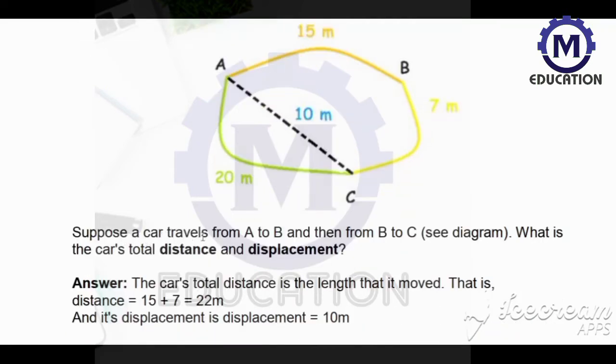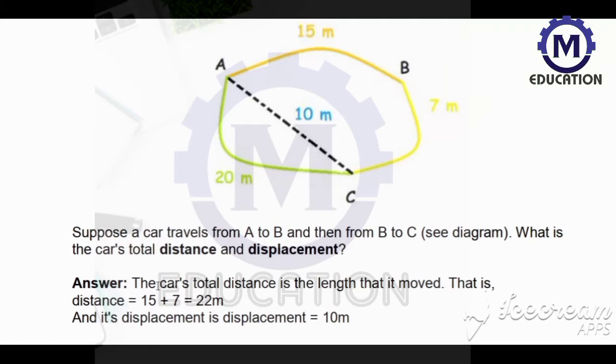Suppose a car travels from A to B and then B to C, see in the diagram. What is the total distance and displacement? The total distance covered by the car is 15 meters plus 7 meters, equals 22 meters.